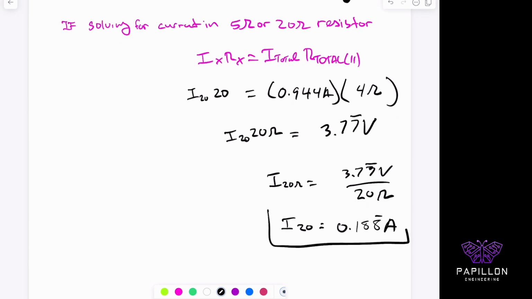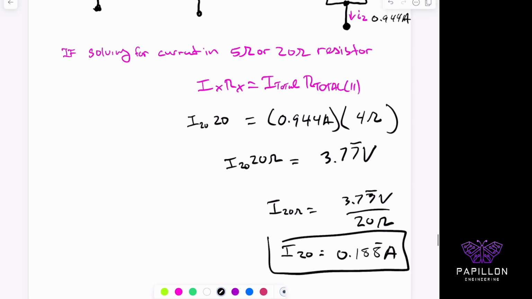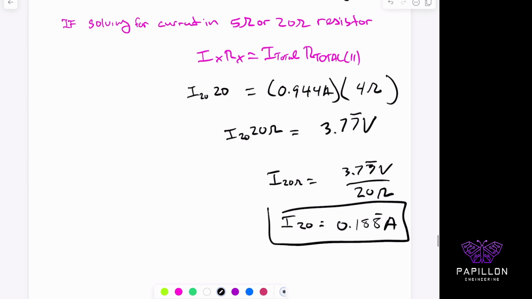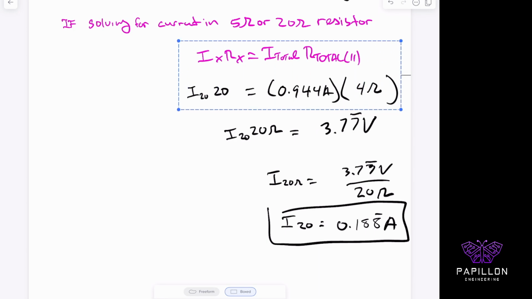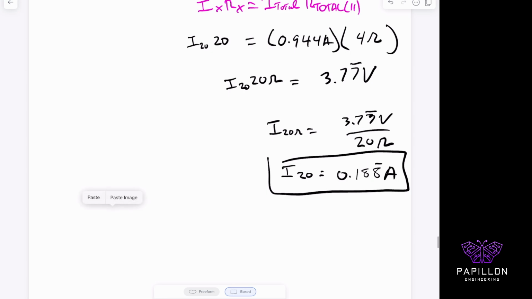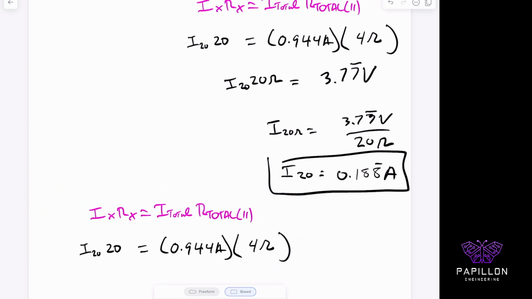Okay, and then if your question is to find the 5 ohms, you do the same as you did before. So let's try this again. I'll do this equation. Let me just copy and paste it. Copy, paste, and this time, of course, we're not solving it for the 20. We're going to solve it for the 5 ohm resistor. So this also becomes the 5 ohm resistor.